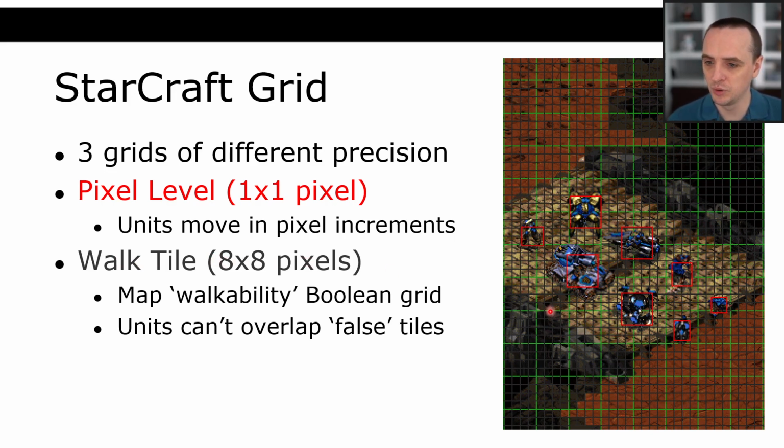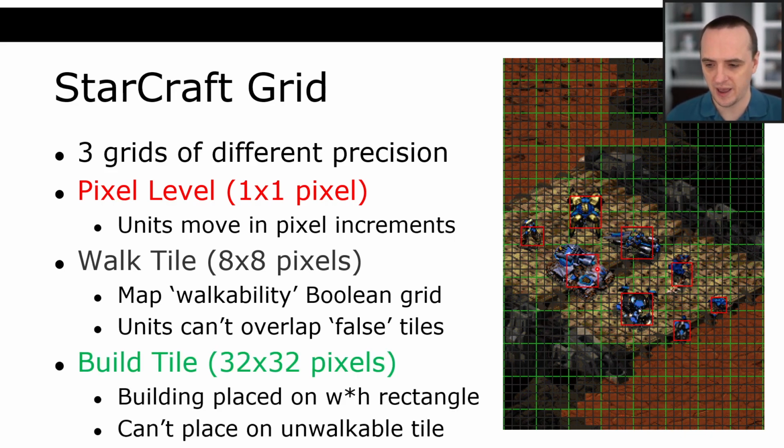It's a sort of Boolean 2D array and says whether or not you can overlap that tile with a unit, and you can't overlap tiles that are false. And then we have the build tile resolution, which is 32 by 32, these green ones over here. The buildings have to be placed in a contiguously available rectangle at the build tile resolution. And you can't place on an unwalkable tile either, because if you can't walk on that place, then you probably can't build a building on it.